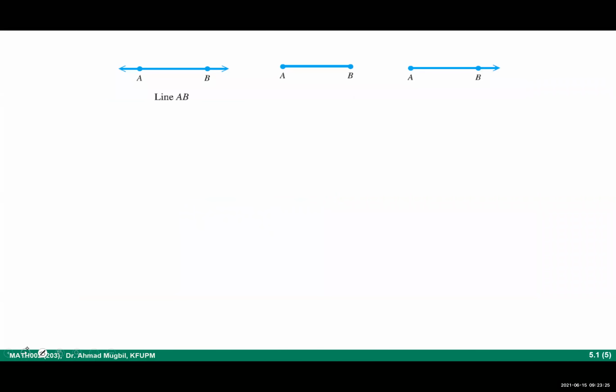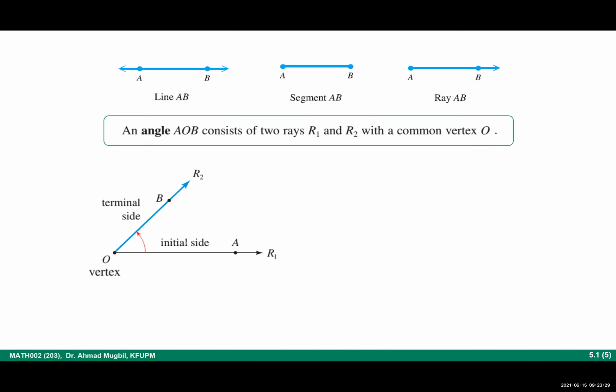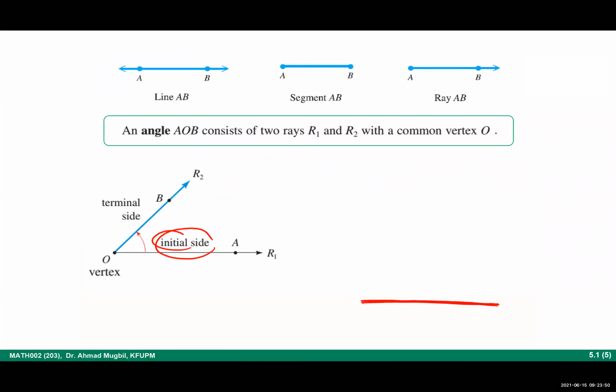First of all, Shabab, this is a line, this is a segment, this is a ray. If you have two rays, then the angle, as a mathematical or geometrical object, consists of two rays. One we call the initial side, which is the one that you started with. You know the meaning of initial and terminal: you started with this, the initial, and you end with this, the terminal.